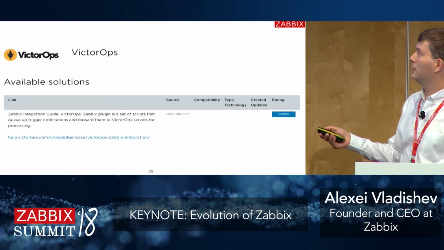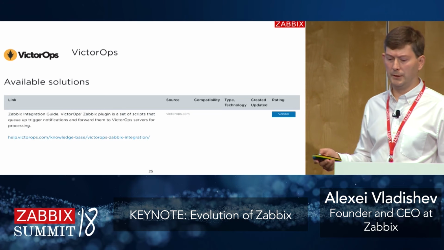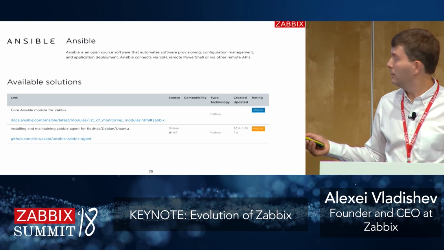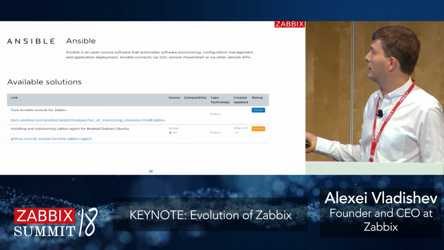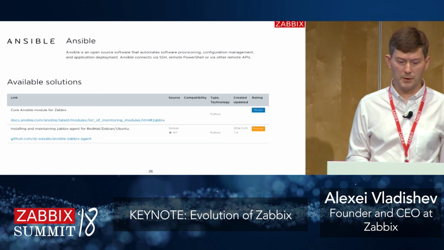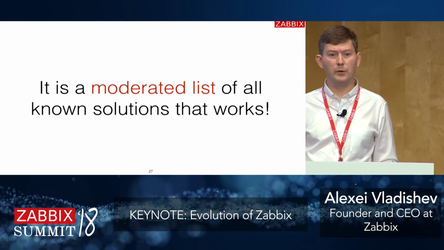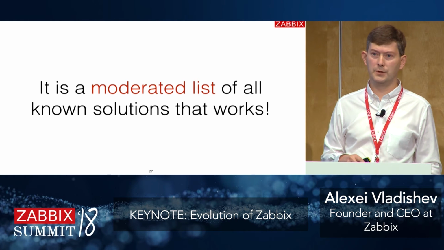By the way, Zabbix integration with VictorOps is, I guess, number one or two by popularity. Ansible, same vendor or what comes from a community. And popular is based on the number of stars from GitHub or the number of downloads from share.zabbix.com. So basically, it's a moderated list of all known solutions that work, and we, Zabbix, moderate this list. Okay?